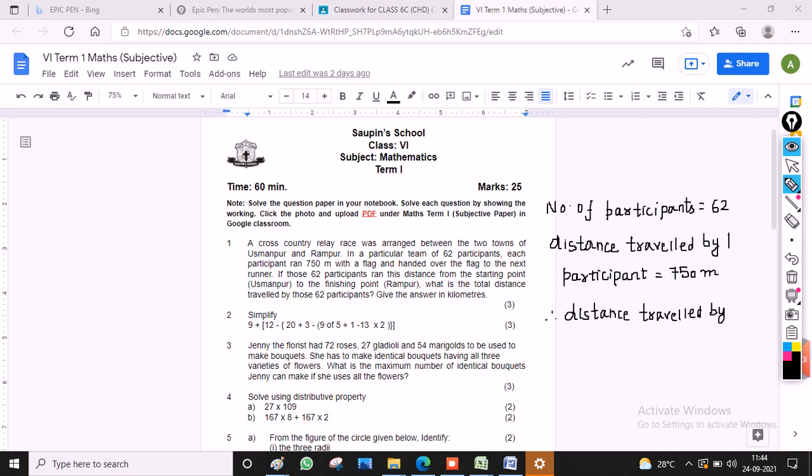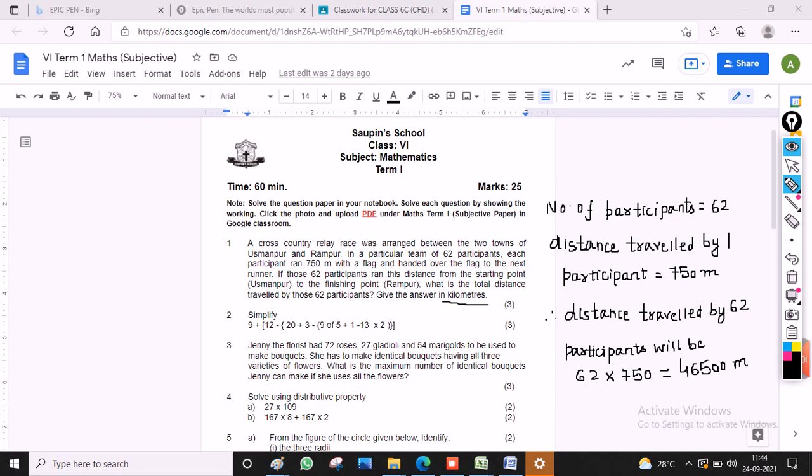62 participants will be 62 multiplied by 750 meters. So when we multiply, we get the answer as 46,500 meters. Now we have to give our answers in kilometer also because it was asked in the question.